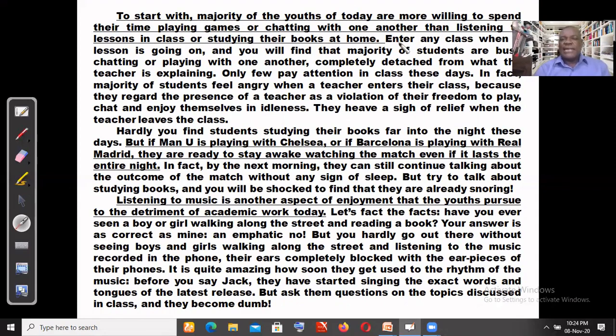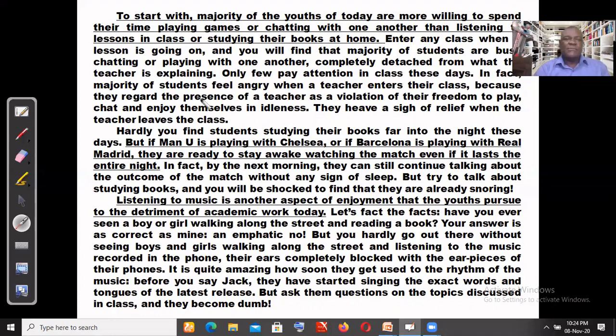Now, enter any class when a lesson is going on, and you will find that majority of students are busy chatting or playing with one another, completely detached from what the teacher is explaining. Only few pay attention in class these days.